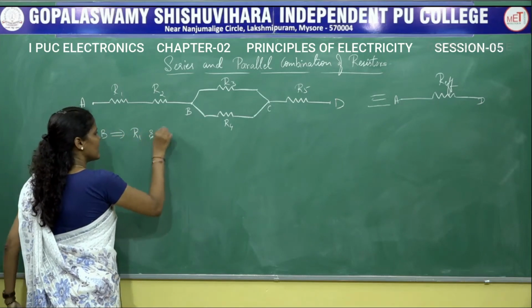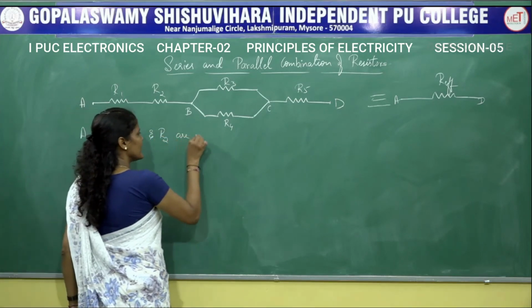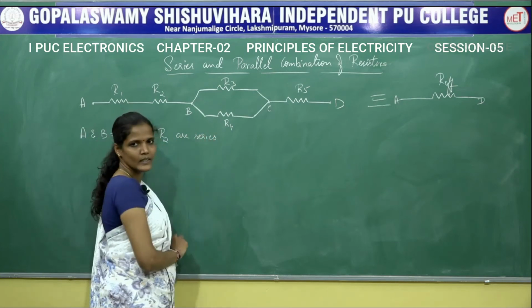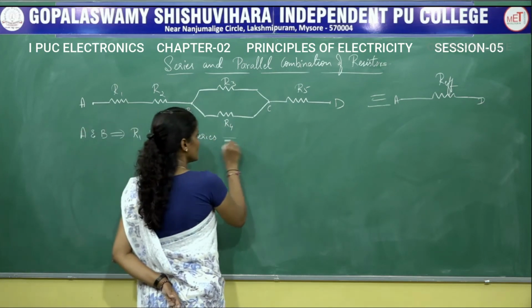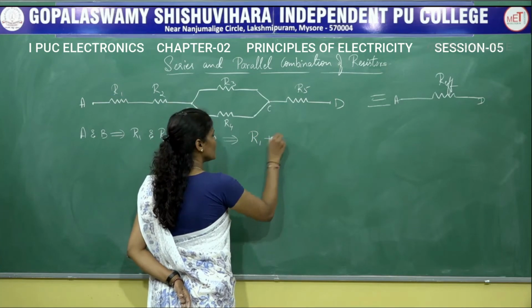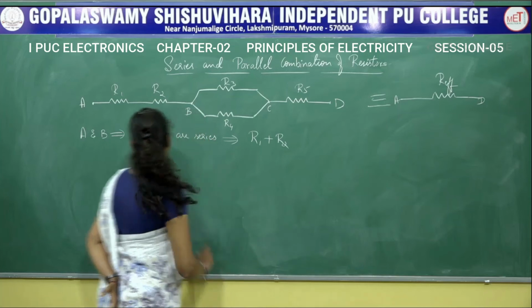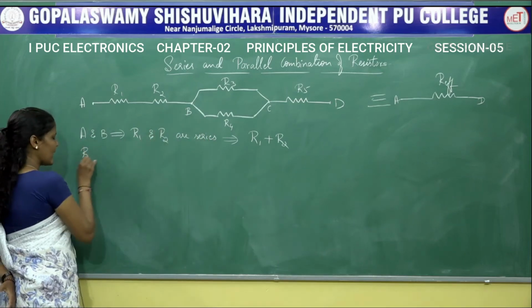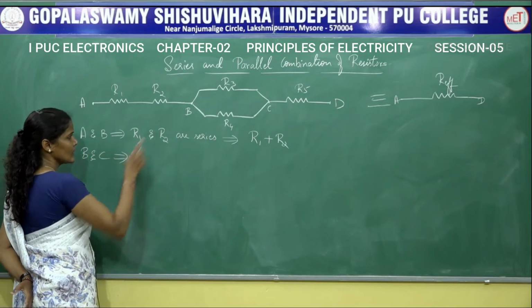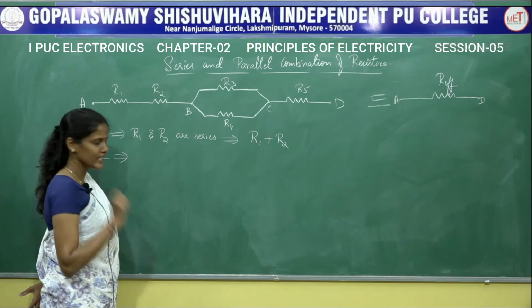R1 and R2 are connected in series. So what you are going to do? You are going to just add those two resistors, R1 plus R2. Next, between B and C, R3 and R4 are connected in parallel.